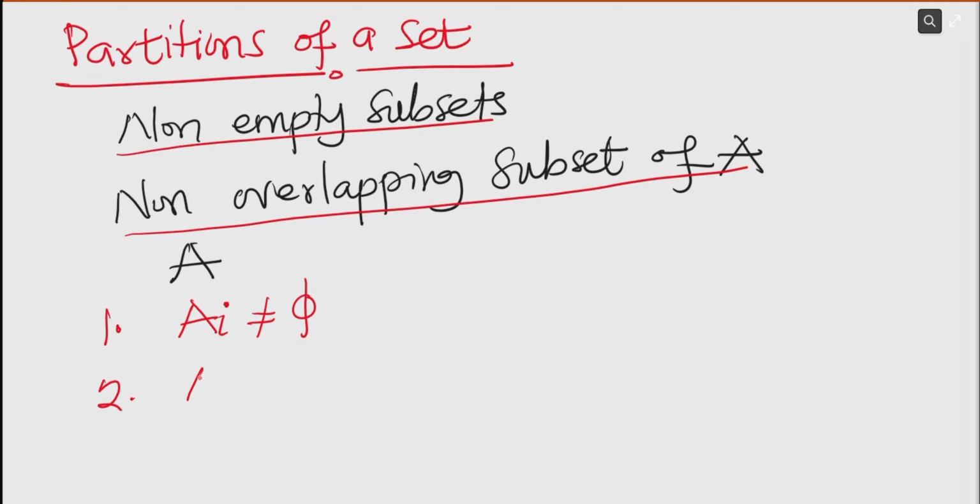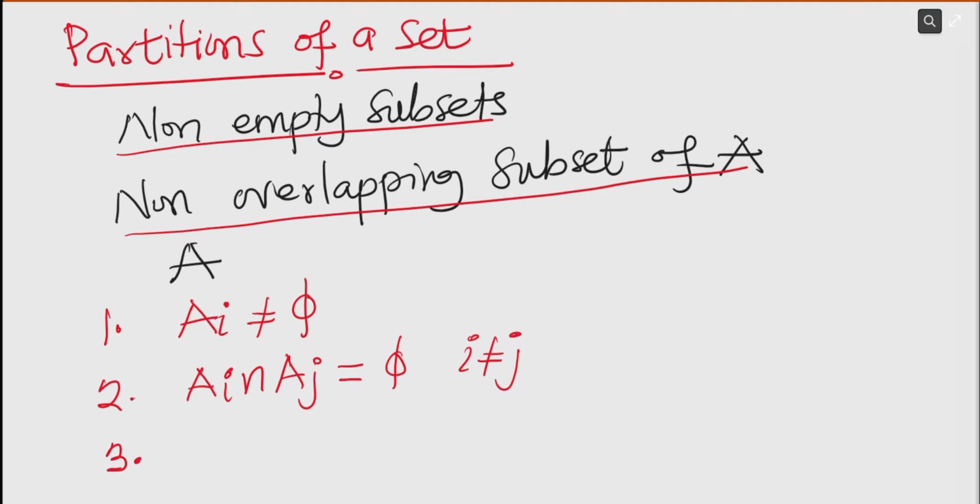And 2, Ai intersection Aj must be equal to the empty set whenever i is not equal to j. What it means is that all the partition sets should not overlap. In other words, there should be no intersection.